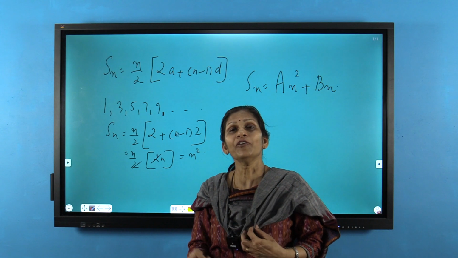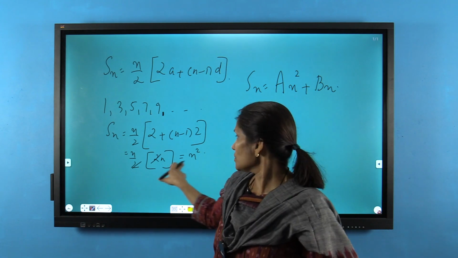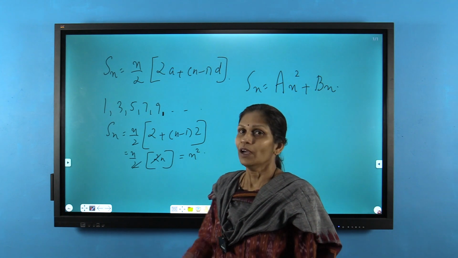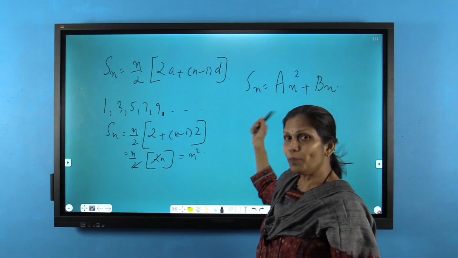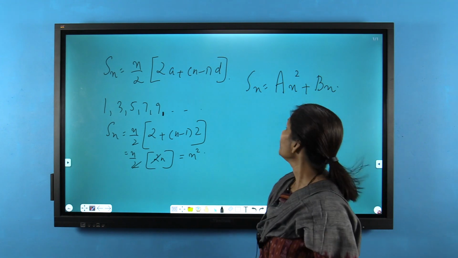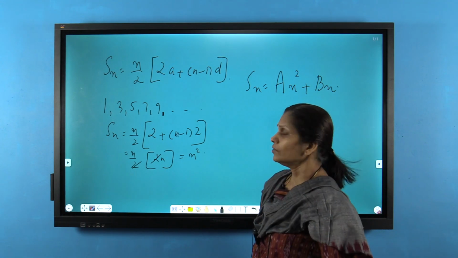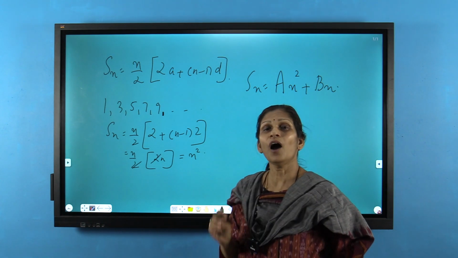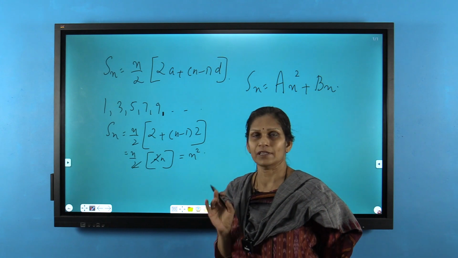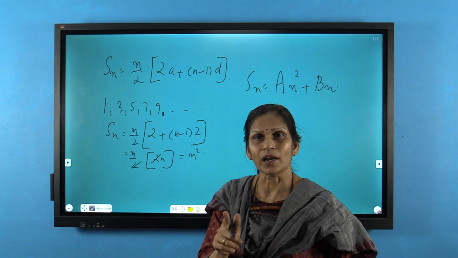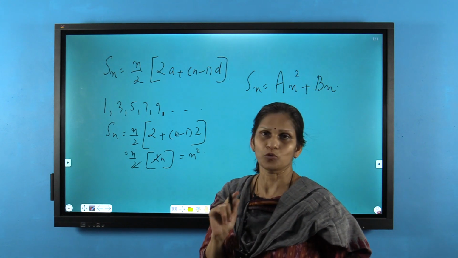It is of the form a n squared plus b n. Now, this n squared is actually of the form a n squared plus b n, where a is 1 and b is 0. In this case, a cannot be 0, but b can be 0, as you observe in this particular example. Now, given a n squared plus b n, how do you find the common difference? The direct method would be to find the sum to 1 term and the sum to 2 terms.